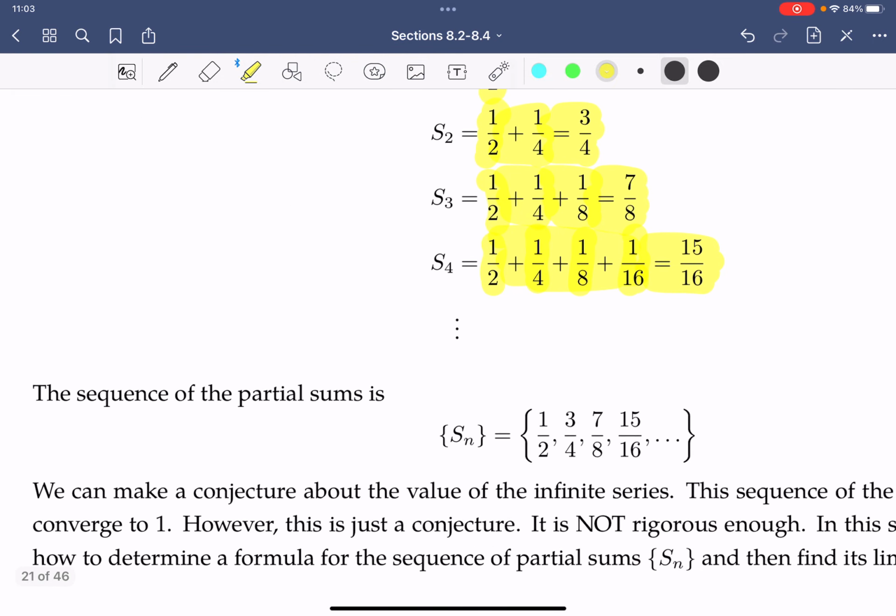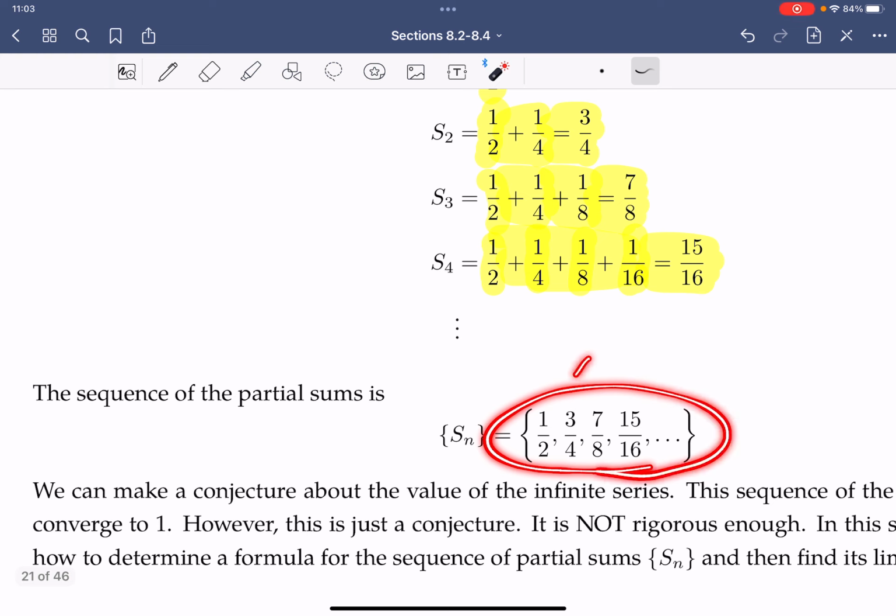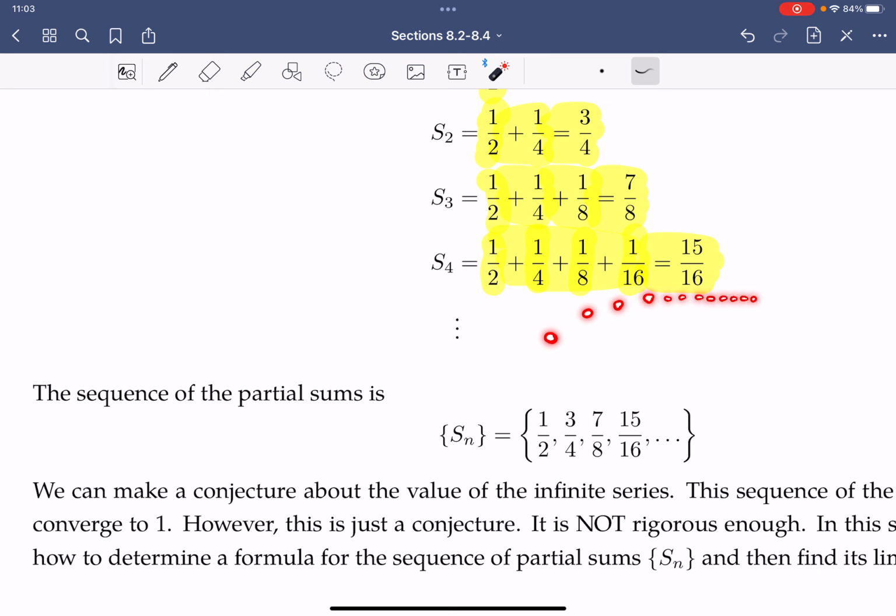Once you write them up, group everything together: 1/2, 3 over 4, 7 over 8, 15 over 16. So basically you start from 1/2 and then go to 3 over 4, 7 over 8, 15 over 16. It just keeps going and gets to the number 1 at the end.